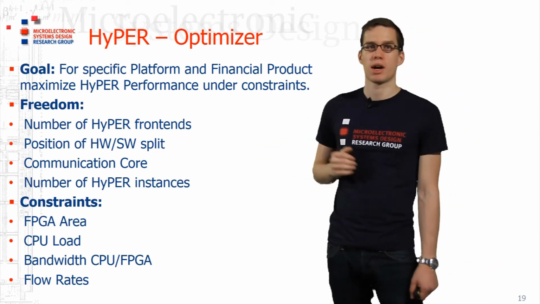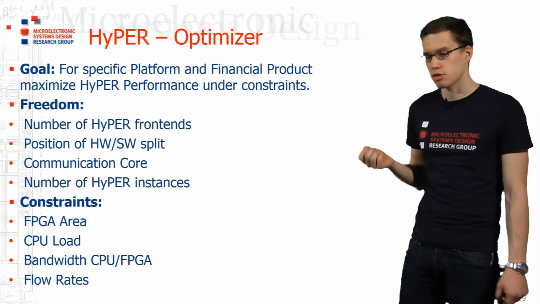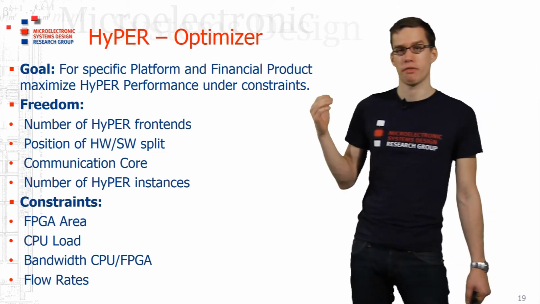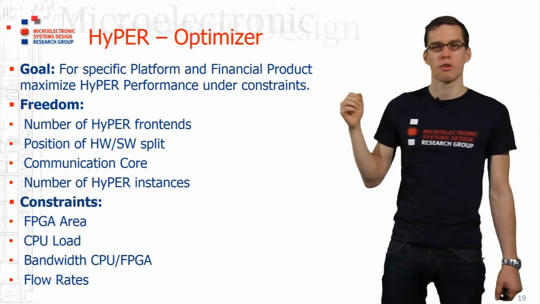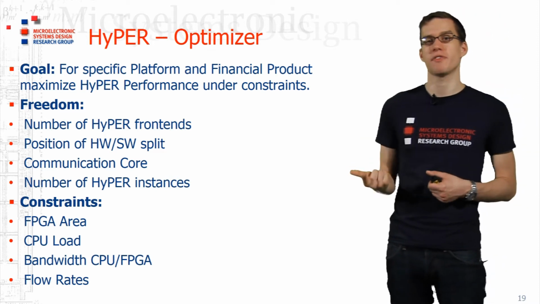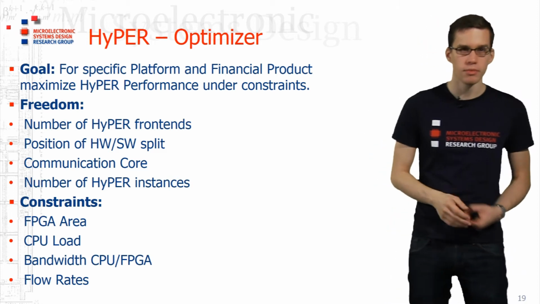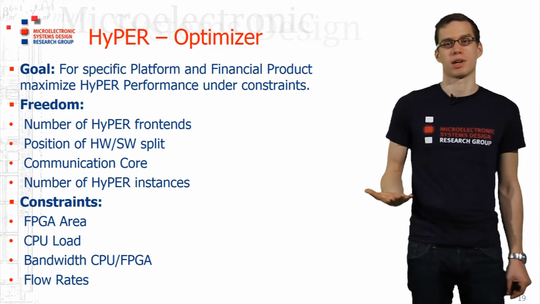The goal of the optimizer is to maximize the hyper performance for a specific platform and for a specific financial product, under specific constraints. What is the freedom the optimizer has?